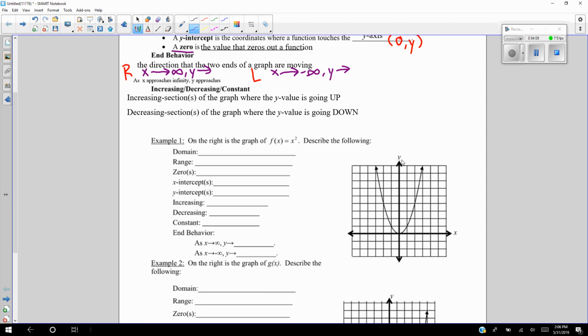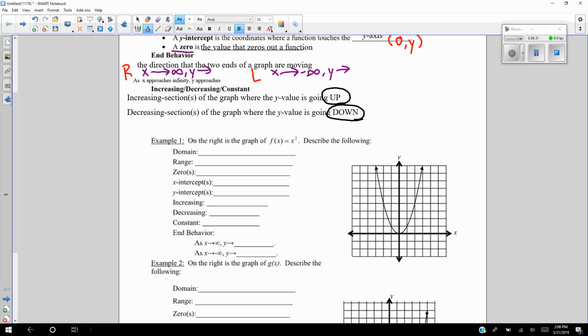And then finally, increasing, decreasing, constant. Increasing is sections of the graph where the y value is going up. And I've capitalized the word up because basically you're just looking at the graph. When it's increasing, the graph is going to be going up. When the graph is said to be decreasing, it's going to be going down.